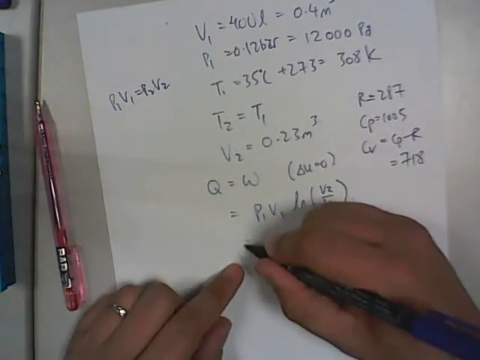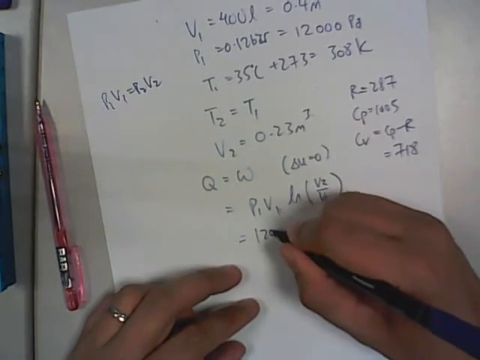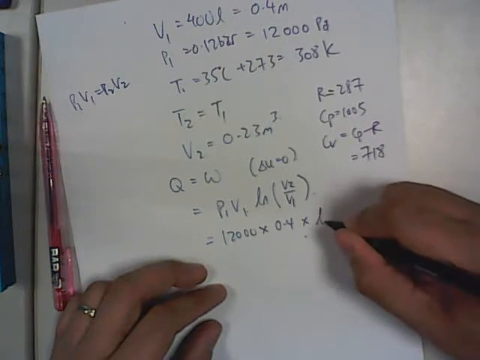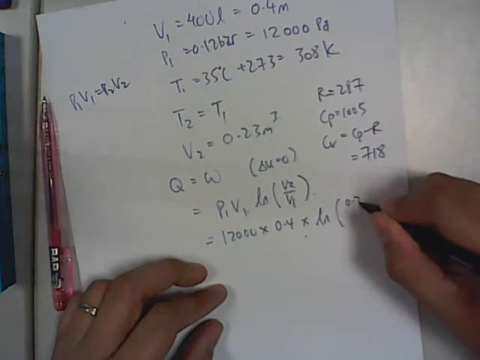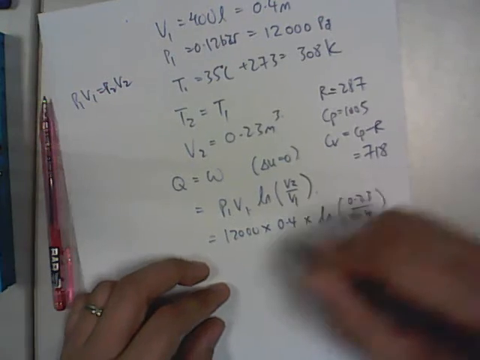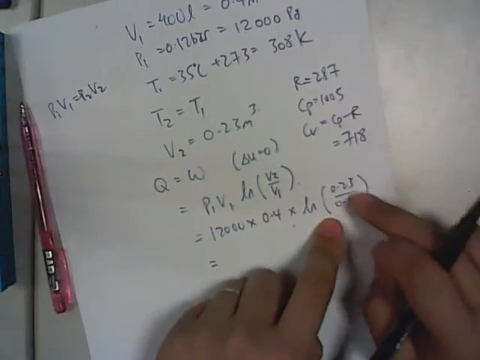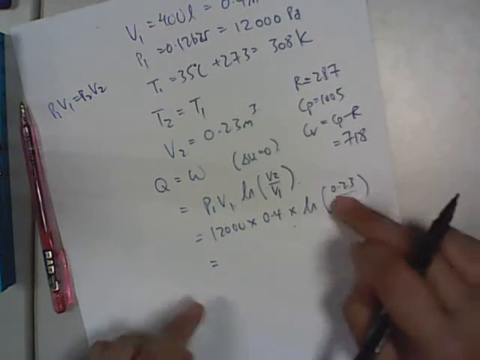It's the same. Okay, so it will be 12,000 times 0.4 times natural log 0.23 over 0.4. If a natural log of a number less than 1, you get a negative over here.